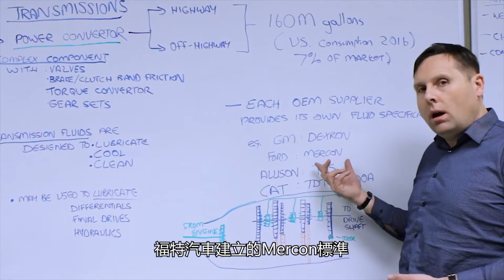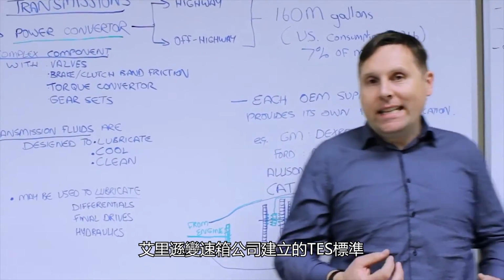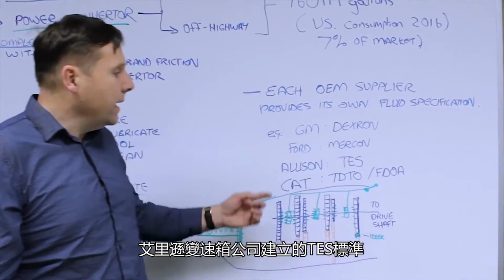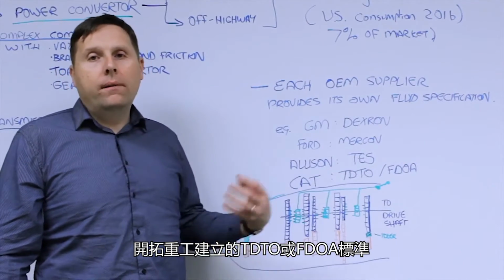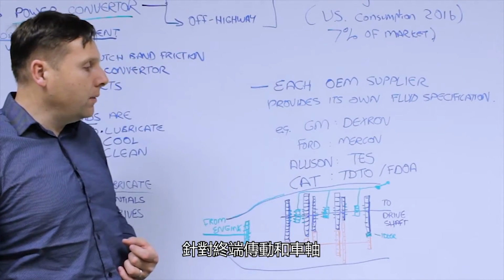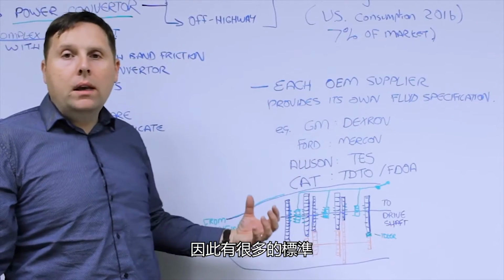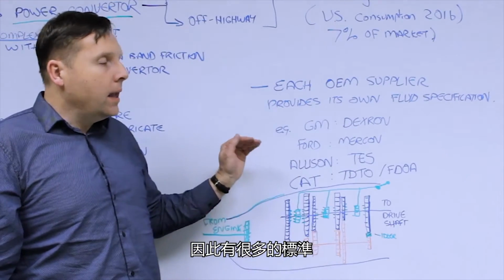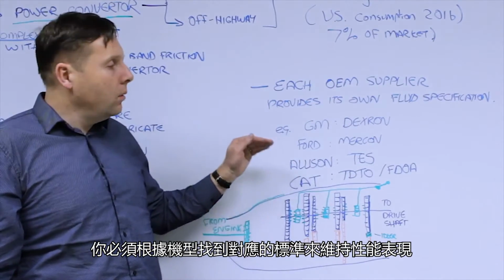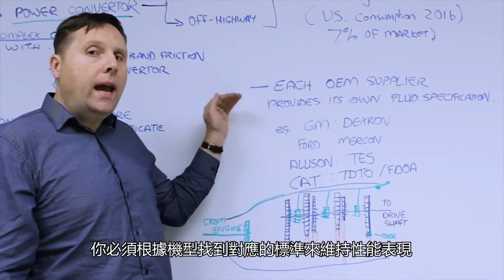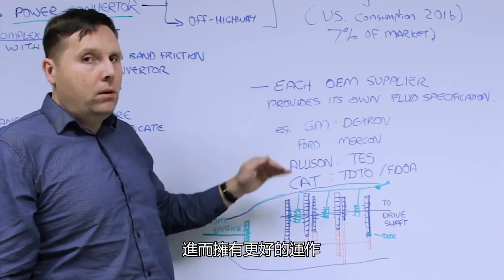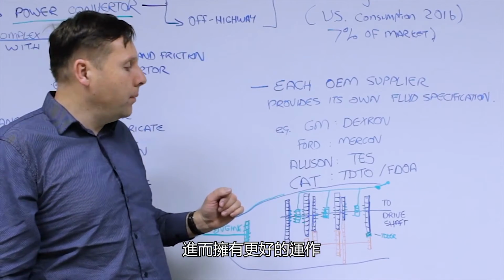Ford has their Mercon spec. Allison has their TES specification. Caterpillar has their TDTO or FDAO, final drive and axle specification. So a variety of these are used, and it is one of the specific markets where you must match the fluid specification to the actual model performance in order to have optimum operation.